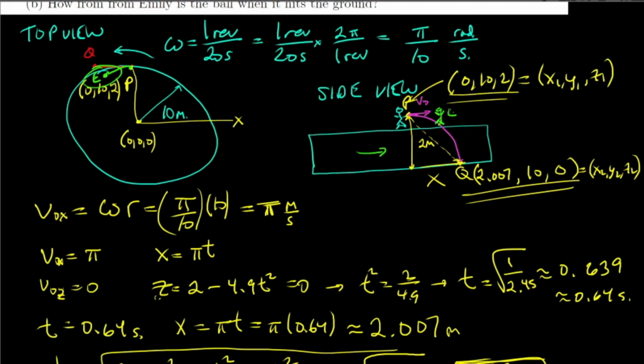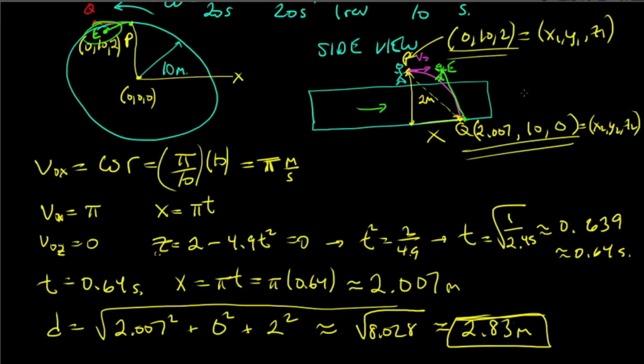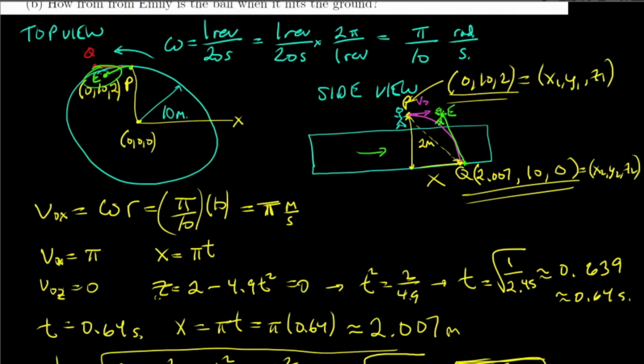So we'll call this position E, and we want the distance to point Q. Emily is just on the edge of the carousel here. Boy, I really messed that up. So it's somewhere on the circumference of the circle.